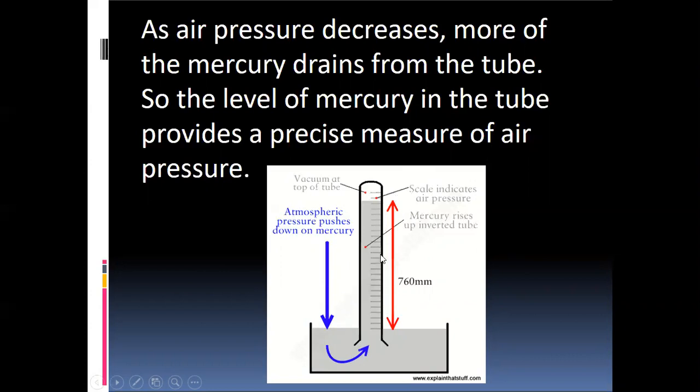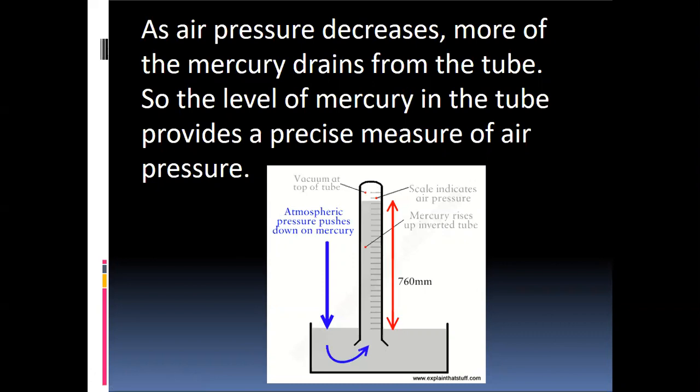So the basic principle of a barometer is to use atmospheric pressure to balance a vertical column of mercury sealed at the top. Initially, the tube is completely filled with mercury and is carefully inverted into the trough containing mercury without allowing any air to enter.